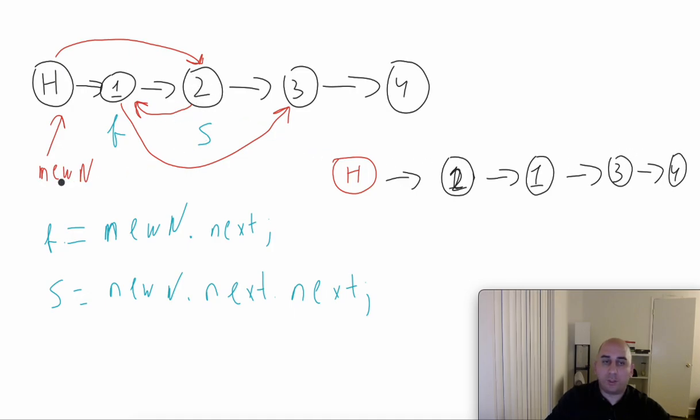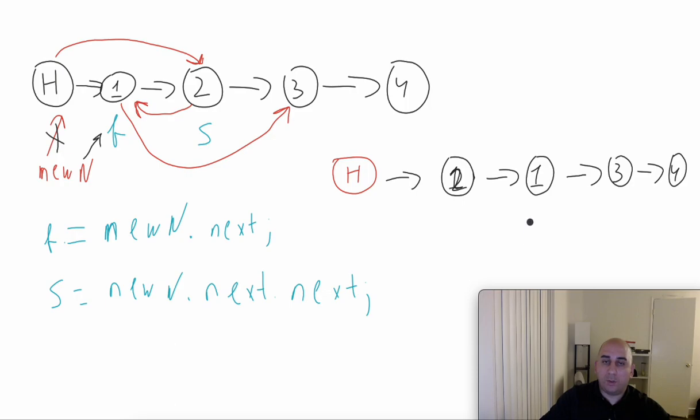In the first iteration, our new node was pointing to our head. Now it's not going to point to our helper node, it's going to point to our first node. So then it becomes here.